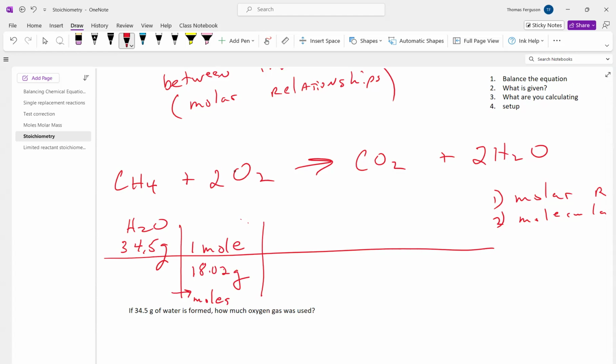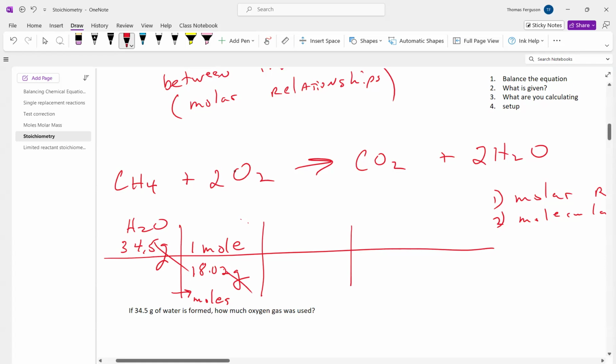So it only applies to water, that's the molar mass from the periodic table. 1 oxygen, 2 hydrogens. Okay, so now we have moles of water. Now we need to go from moles of water to moles of oxygen, and that's where the balanced equation comes in.